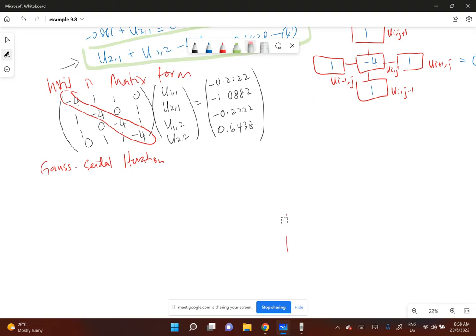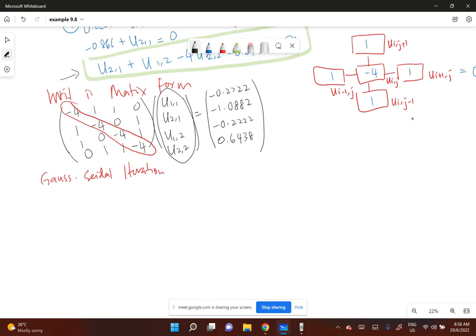Okay, so for Gauss Seidel iterations, we get the formula for each of these values. Based on the equations from just now, you remember the first equation.